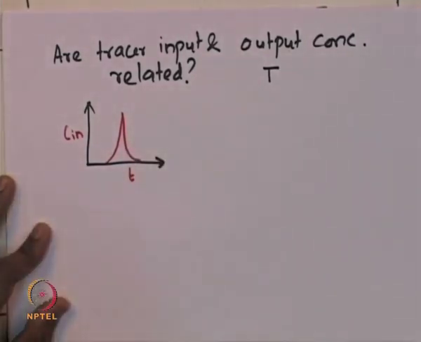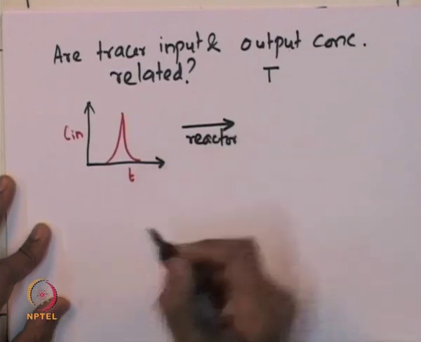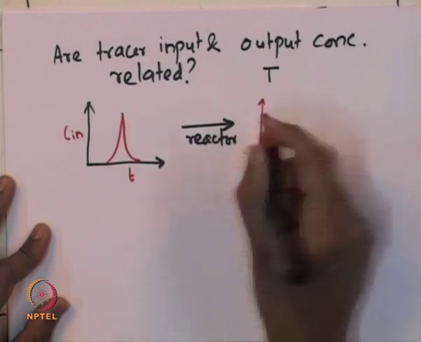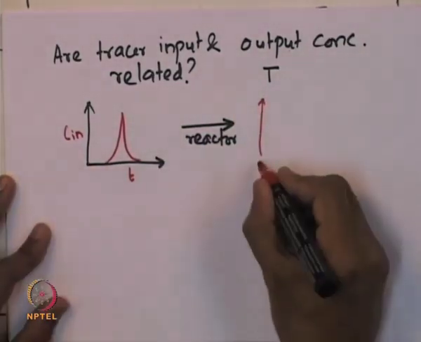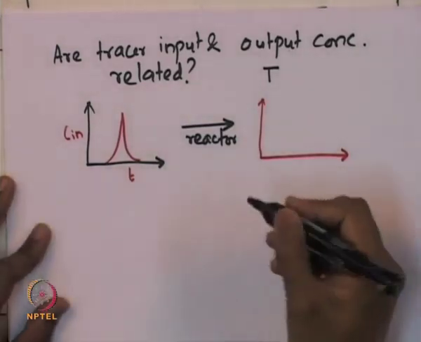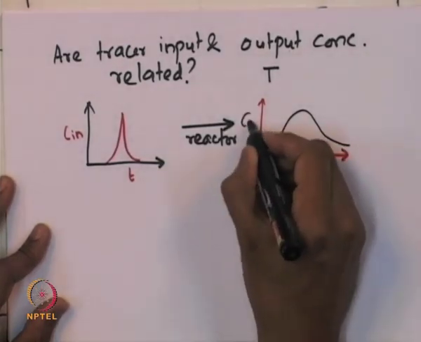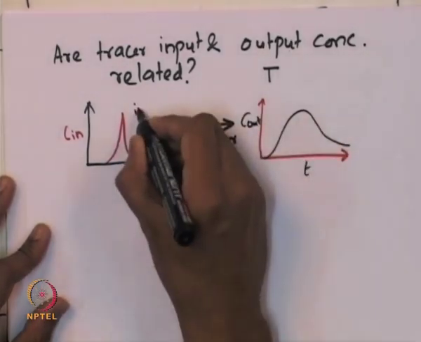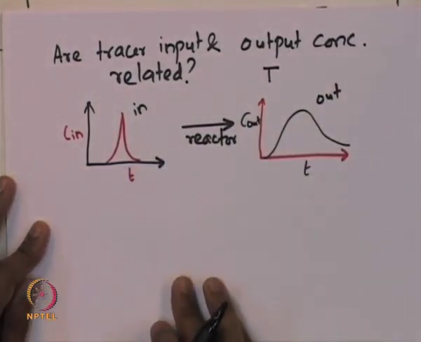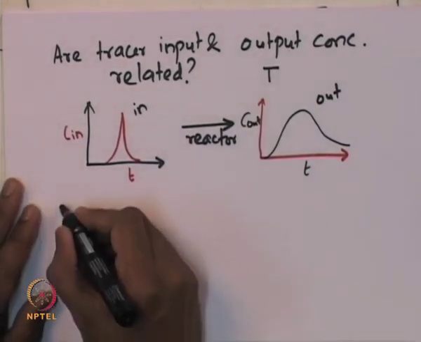After going through the reactor, the tracer is measured in the effluent stream, and let us say the concentration of the tracer in the effluent is given by this curve here. That is C out. So, that is the in, and that is the concentration of the tracer in the outlet stream, the effluent stream. Now suppose I place them in the same graph.